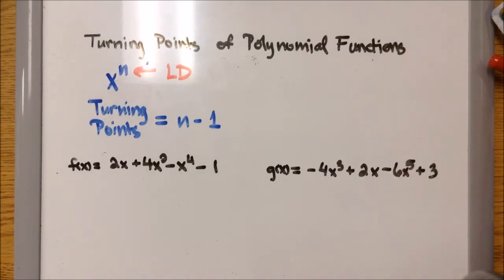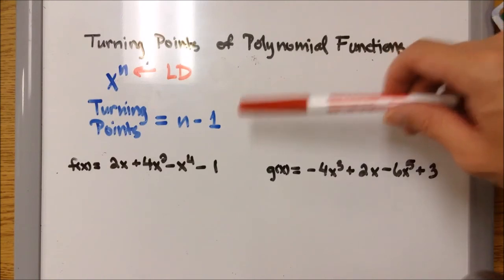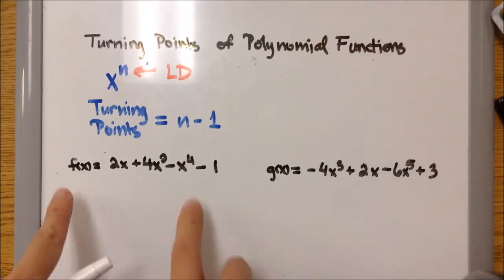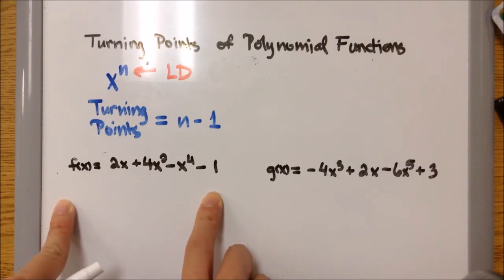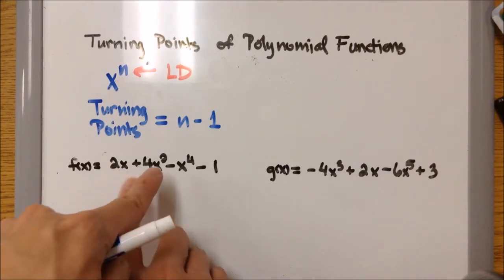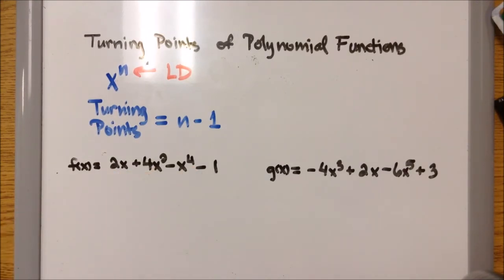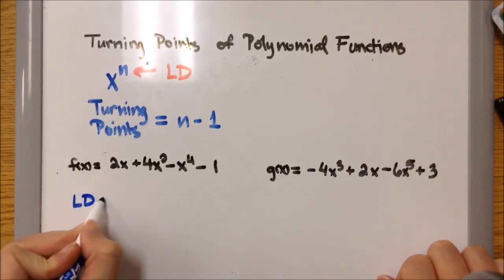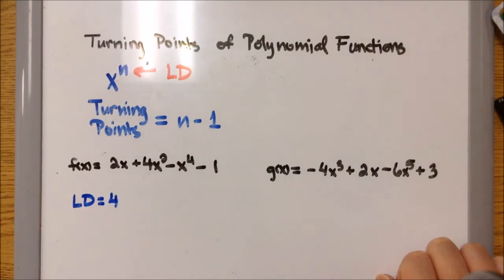Based on this information, we're going to focus on f of x first. Again, we're going to look for the leading degree. So we have 1, 2, and 4. So our highest leading degree is 4. So I'm going to write that.